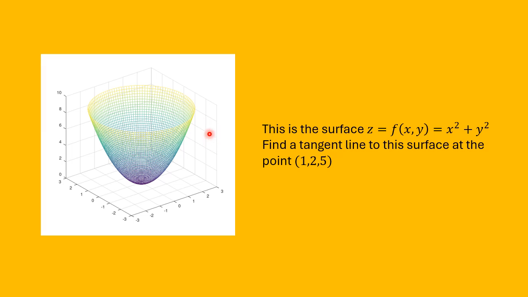This surface is represented in 3-dimensional space, and if we plot it, it turns out to be a paraboloid. It's something like a 3-dimensional analog to a parabola. We want to find a tangent line to this surface at the point with coordinates x, y, and z, 1, 2, and 5.